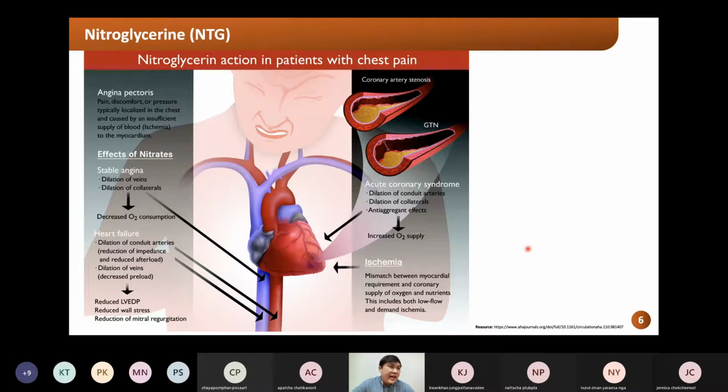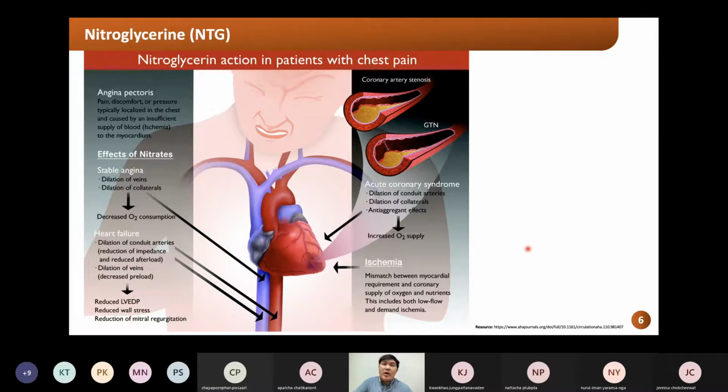Because NTG has the ability to dilate the vessel. In a patient with angina pectoris, a heart disease, it is caused by a mismatch between oxygen demand and oxygen supply.